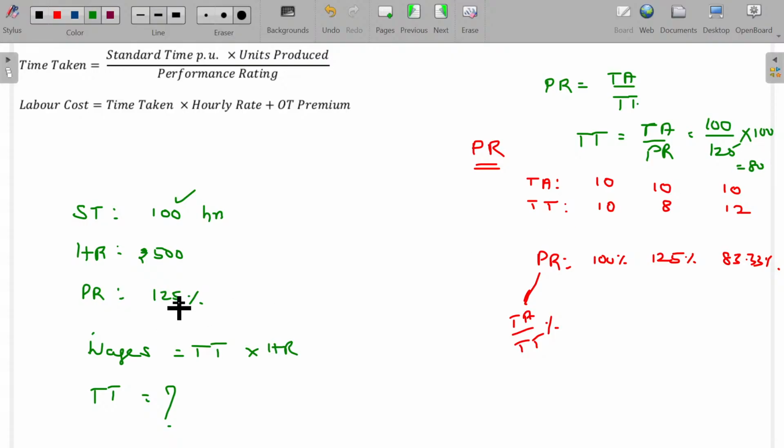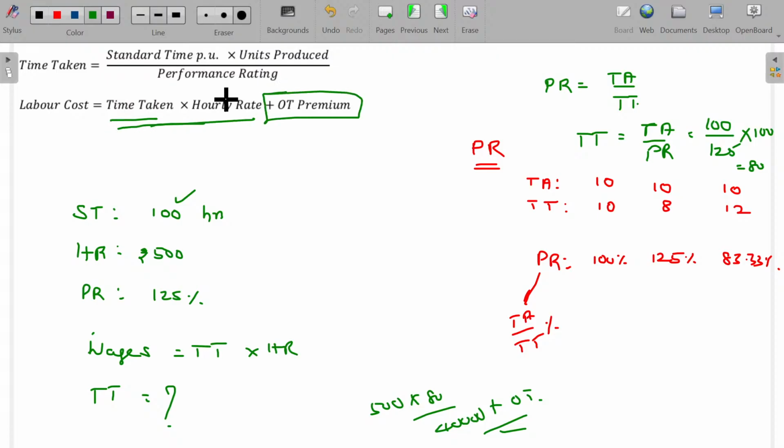Then salary being per hour 500 rupees means 500 into 80, 40,000 rupees. Of course, he may be given some other premium if he takes time beyond the normal working hours. So you may demand the overtime also, the overtime premium. You can add those things also here. Time taken into hourly rate plus overtime premium can be added to this. That's how we can find out the labor cost.